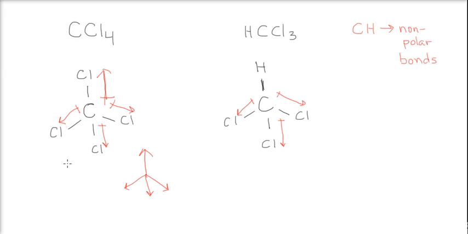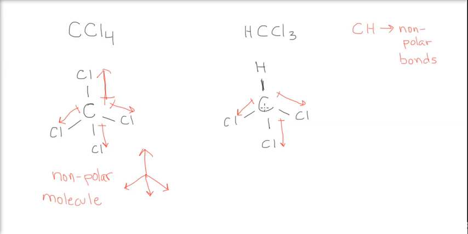And so the carbon tetrachloride molecule is considered to be nonpolar because all of these arrows cancel each other out. There is no net arrow where the arrows are all pointing in a single direction. So carbon tetrachloride is considered a nonpolar molecule.